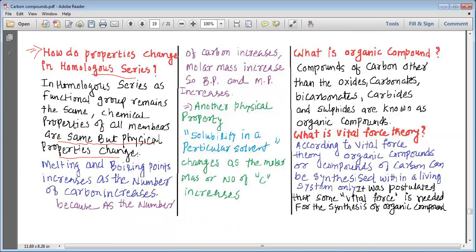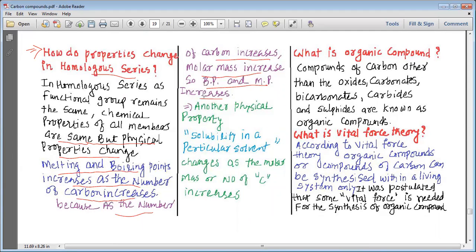But physical properties change. Now which are these physical properties? Melting and boiling points increase as the number of carbon increases. So as you go down in the homologous series, or as the number of carbon increases, melting and boiling point increase, because as the number of carbon increases, molar mass increases and that is why the melting and boiling point increase.